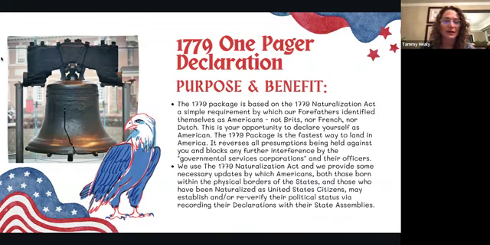This is when you use the recording secretaries to record your documents and upload it and make it a published document so that you are properly declared.